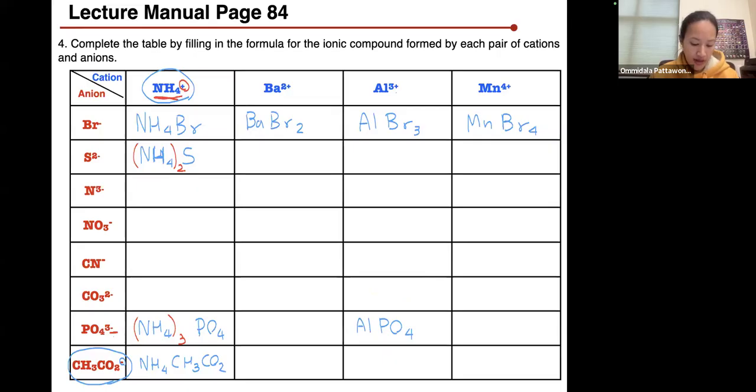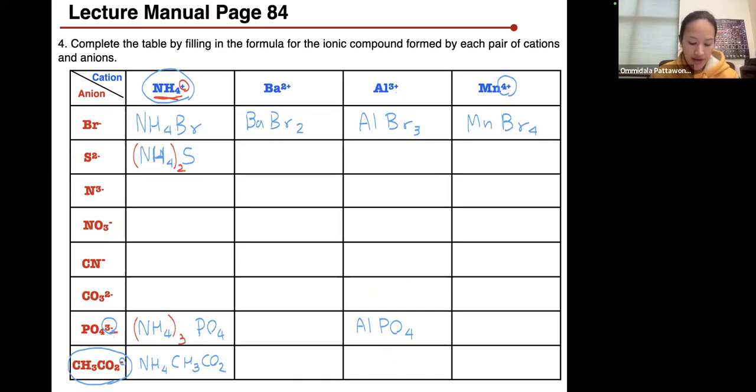All right, let's take a look at the next one. Let's see what else can be complicated right here. Let's do manganese and phosphate. Manganese is 4+, phosphate is 3-. So in order for me to balance the charge, I'm going to find the common number between 4 and 3, which is 12.